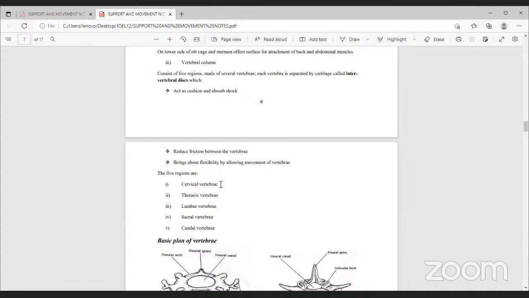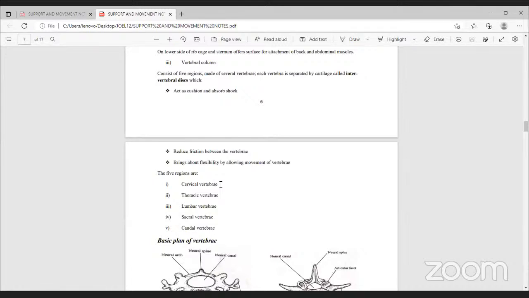Yes, it is there, but vestigial meaning that it has been greatly reduced because it is functionless. So in humans, we call it a coccyx. And the number of bones that make up this caudal vertebrae in human beings is only 4.